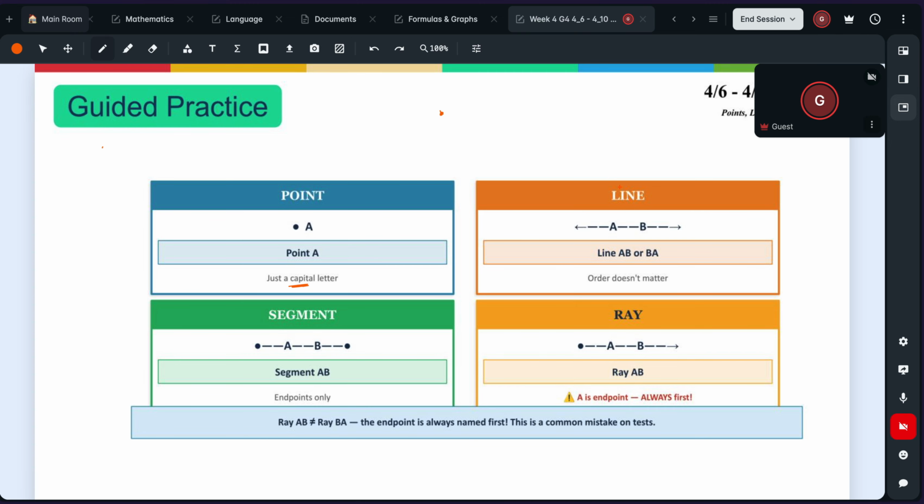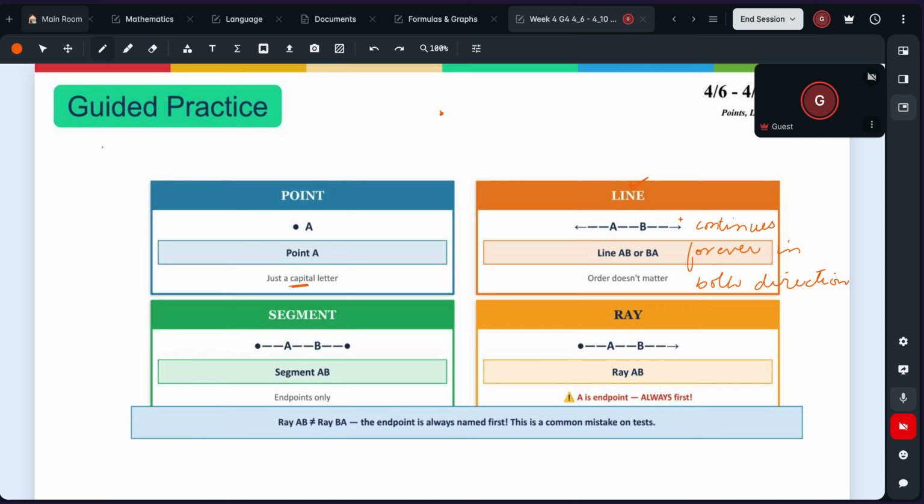Okay, if we talk about a line, what we can say is that it continues forever in both directions. Arrows are used to represent when the continuation happens.